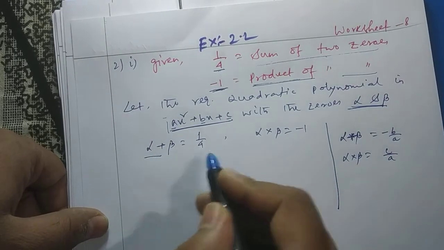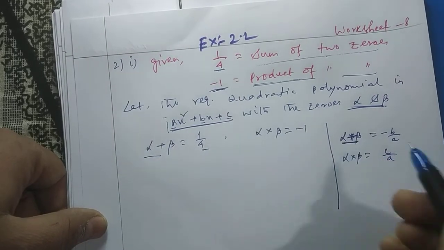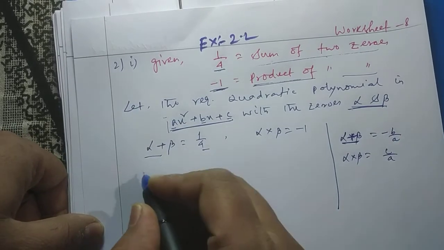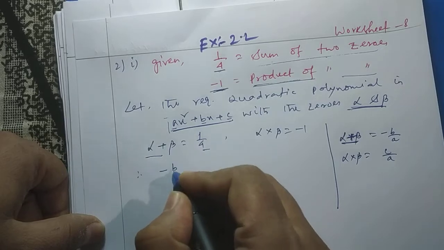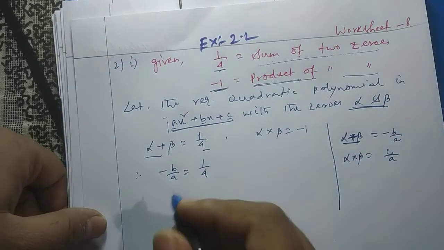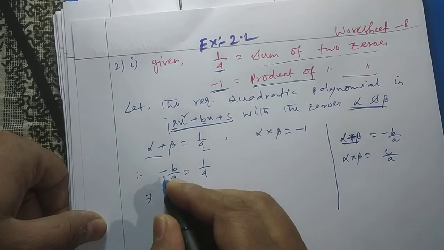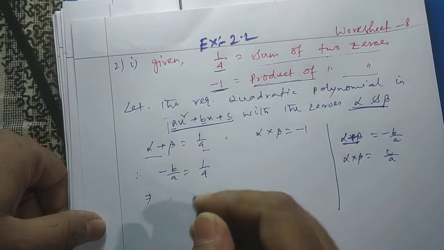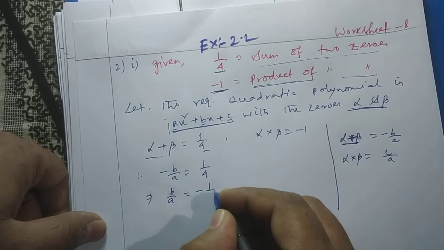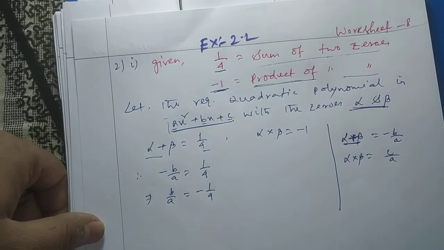Here alpha plus beta equal to 1 by 4, and here we see alpha plus beta equal to minus b by a. So you can say minus b by a equal to 1 by 4, correct? Now multiplying minus 1 on both sides, it becomes b by a equal to minus 1 by 4, correct?